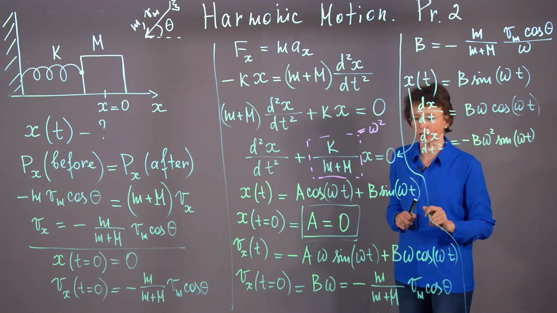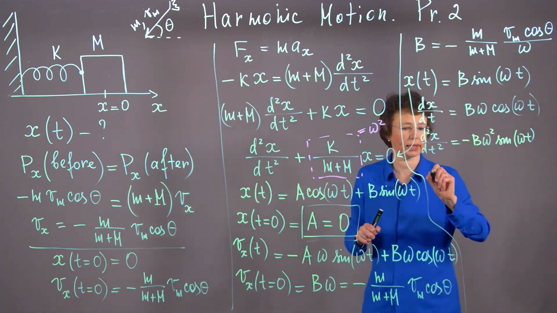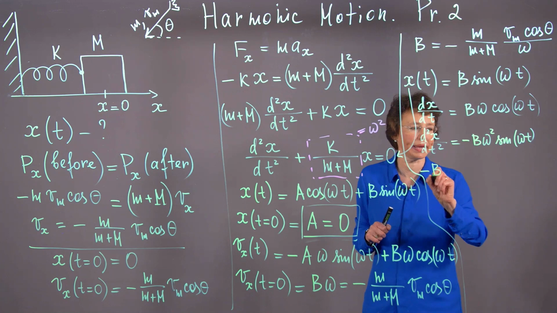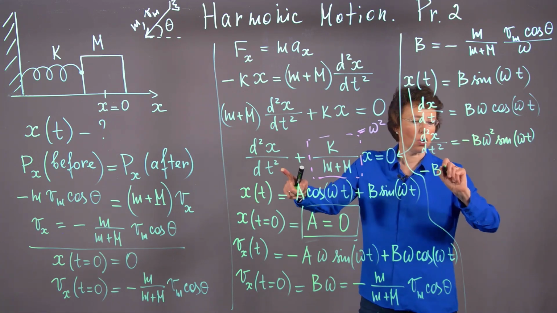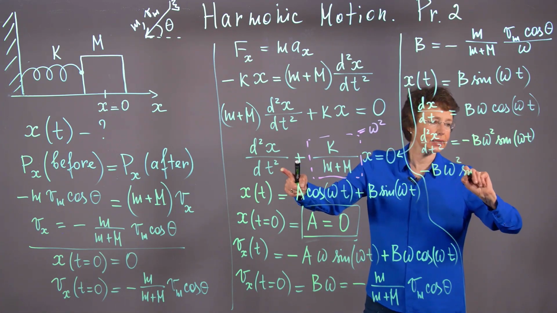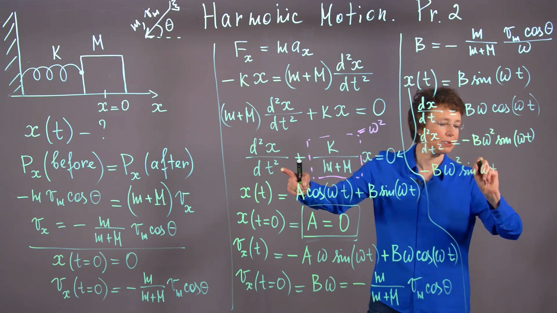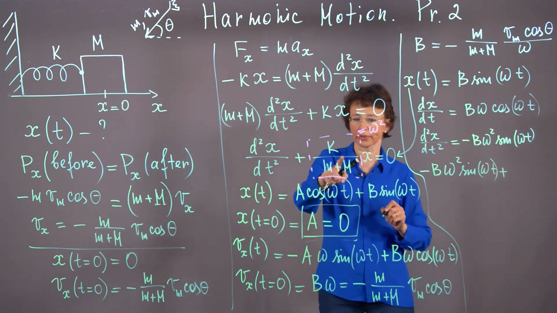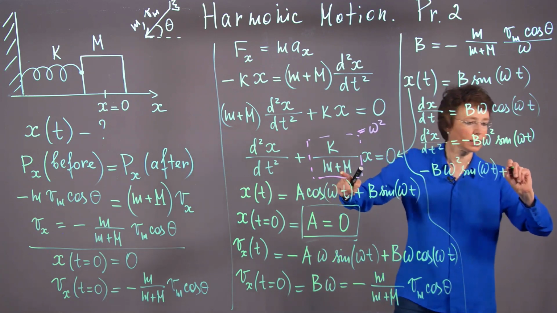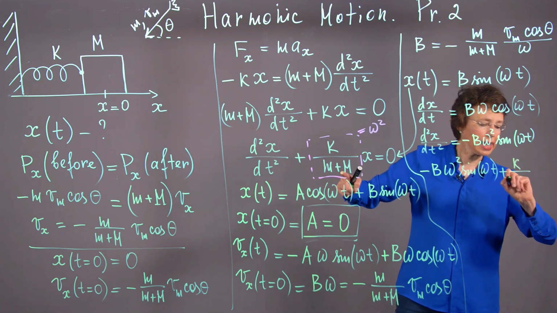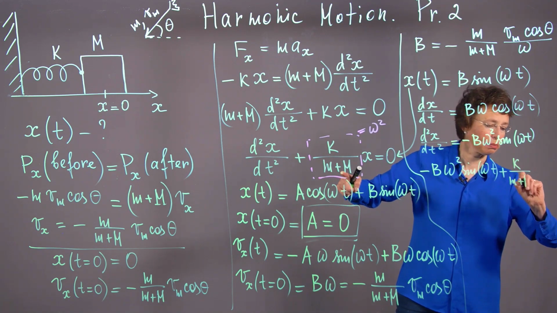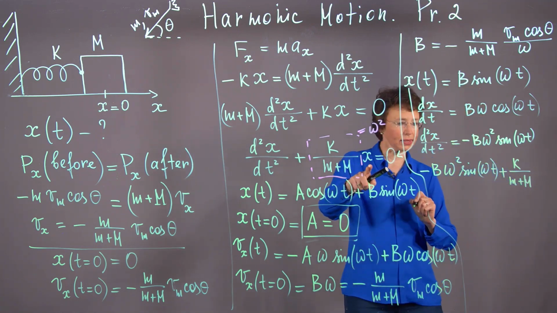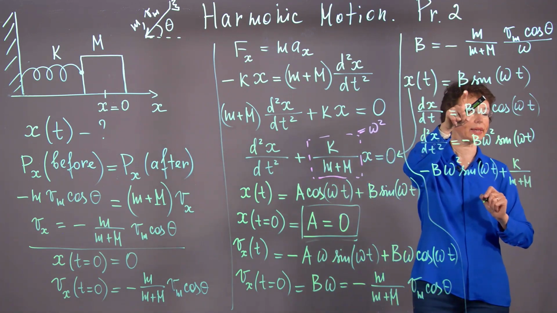This is my second derivative, and now I bring it back here, and the equation will be minus b omega squared sine omega t plus this guy, k over m plus m, and then x, which is b sine omega t.